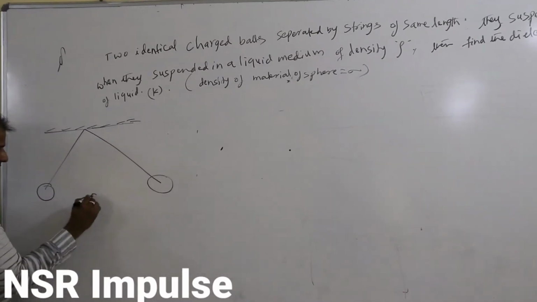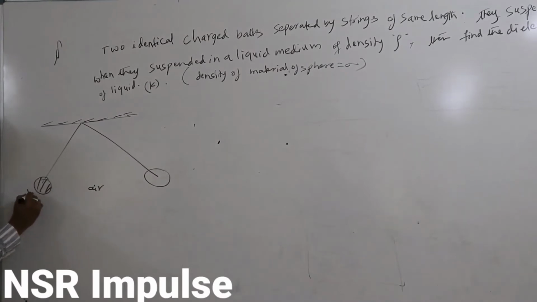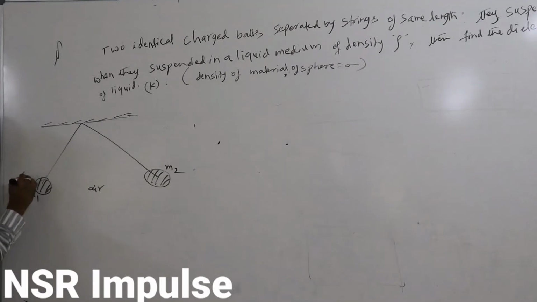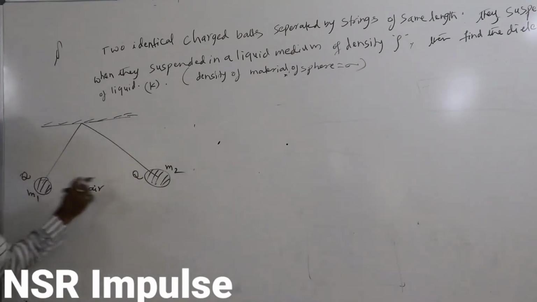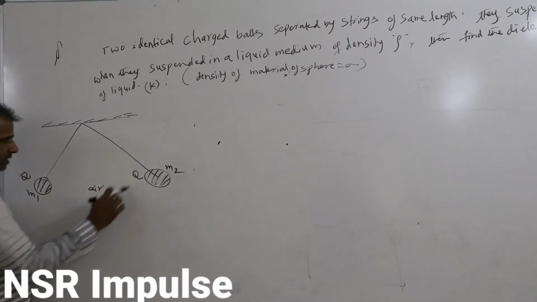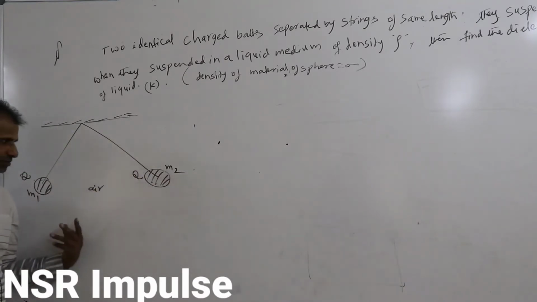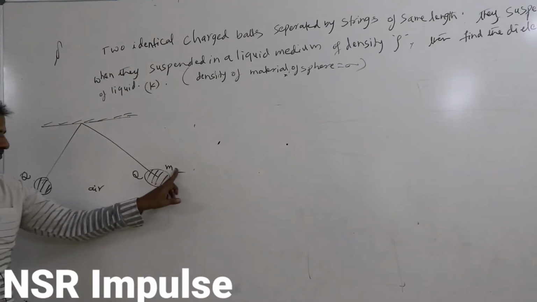This is the air medium. This mass is m1, this mass is m2. This charge is Q1 and this charge is Q2. Two identical charged balls means charges are the same. And of course you can consider masses are the same or masses may be different. Let us consider masses are the same like this.